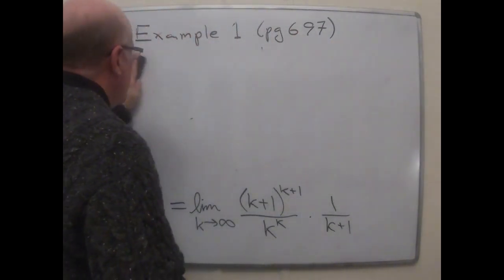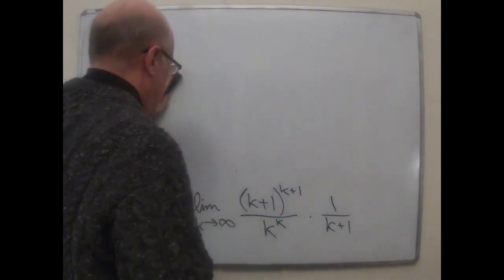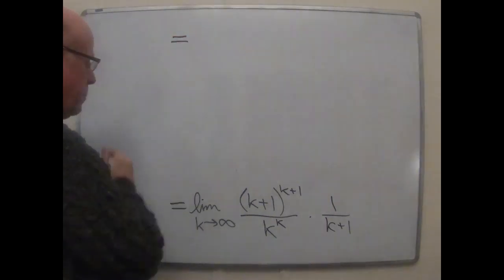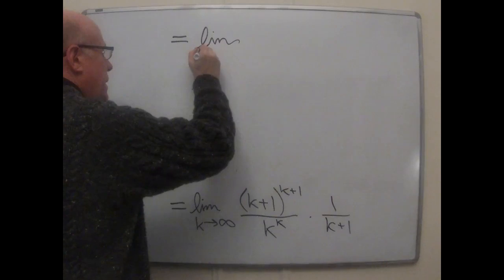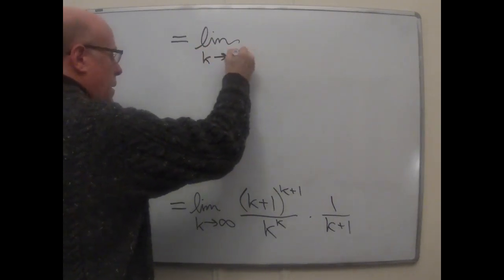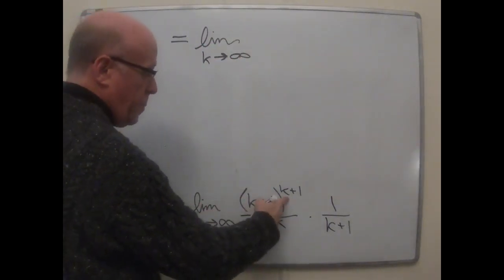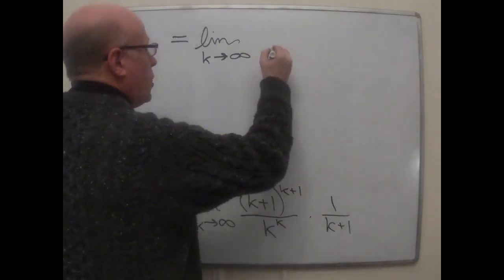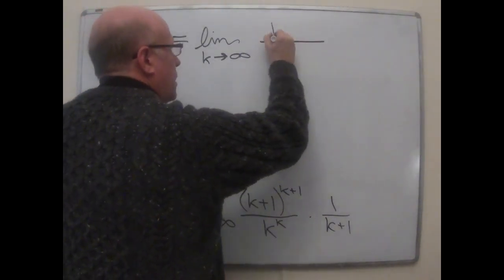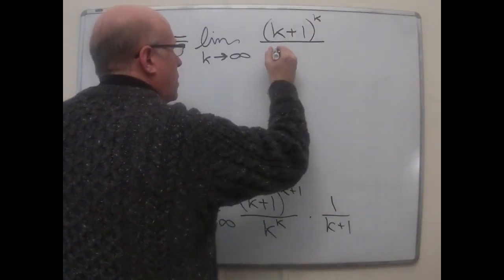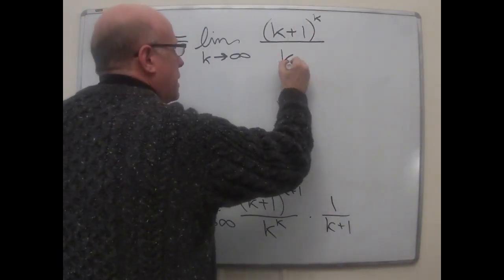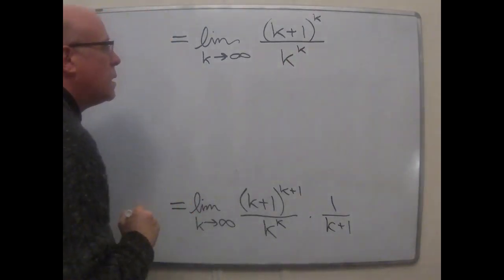Let's see. That's going to make it be the limit, again, k going to infinity, of k plus 1 just to the kth power. We'll cancel one of those k plus 1s with what's downstairs. And we've got k to the k in the bottom.